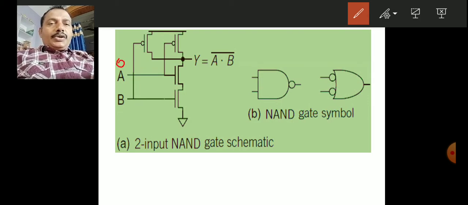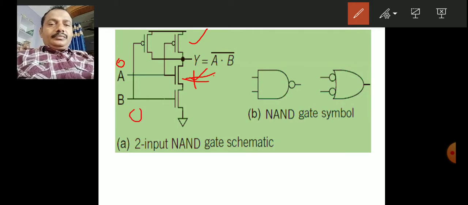This 0 is going to the PMOS here and the NMOS here. What happens to the PMOS? The PMOS is switched on because it is bubbled. Bubble means if 0 is there, it is switched on. The NMOS, because it is 0 volts, does not conduct. It is off. So this is off, this is off, this is on.